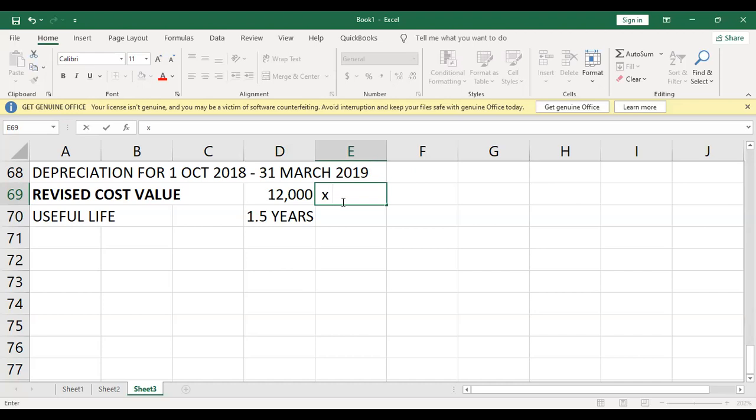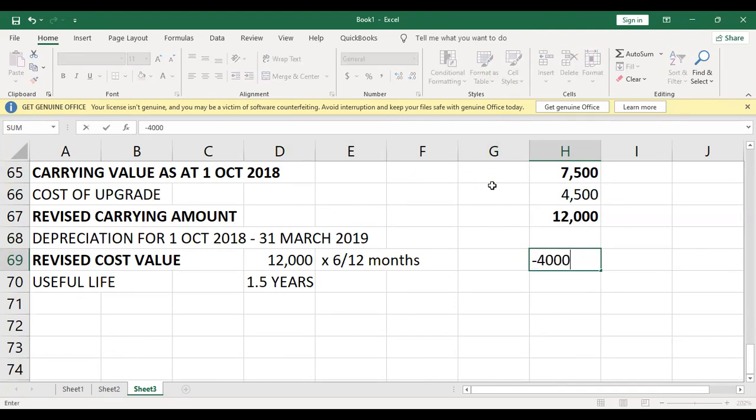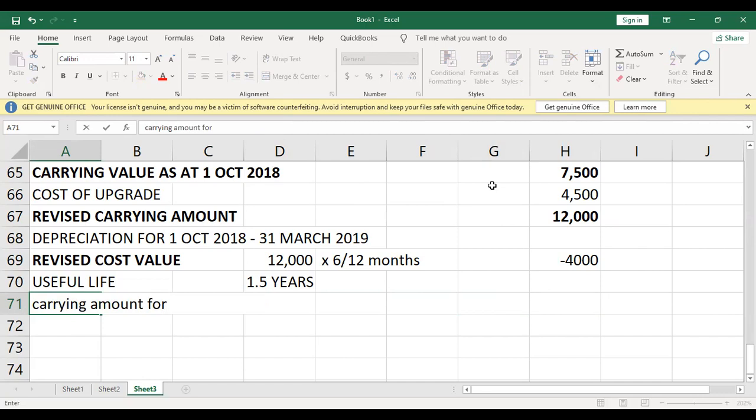So we multiply it. That's for 6 months, so we have 6 divided by 12 months. What do we have?